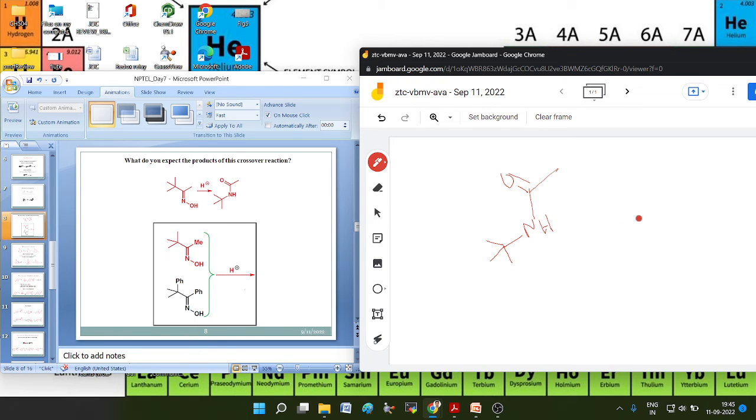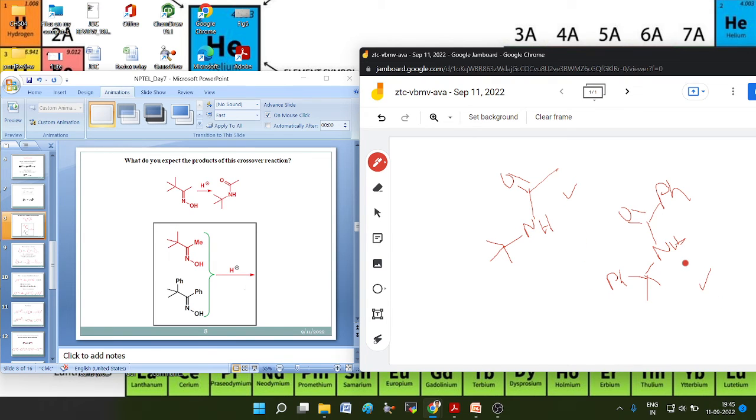And the black color one, we expect to have CO Ph, NH, CMe2 Ph. Okay, CMe2, and there is a Ph. These two products we will expect. Okay, this will be the case, this will be the case.